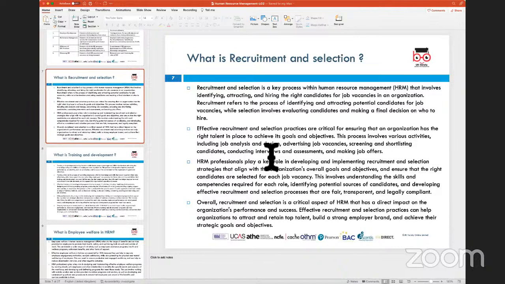Once the job description is ready, you decide on what the package will be, what the benefits are going to be, and then bring it in line with the organizational requirement, then advertise the job vacancy, either through the intranet, through employees, through newspaper, through bulletin boards, through the internet, or through an agency that you have retained externally.